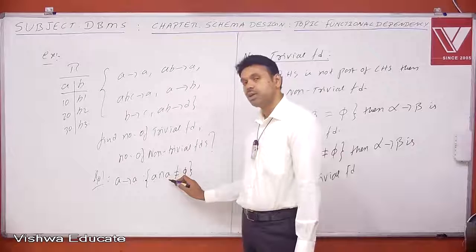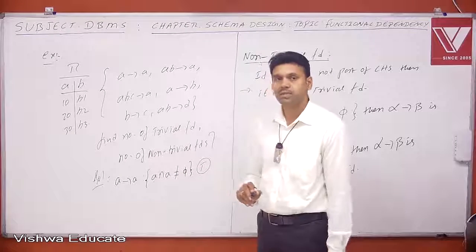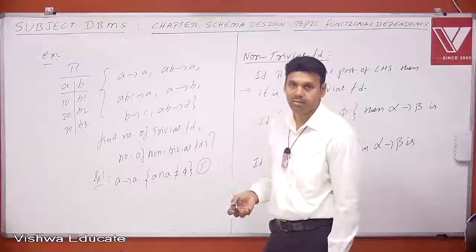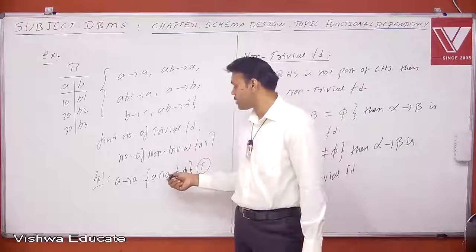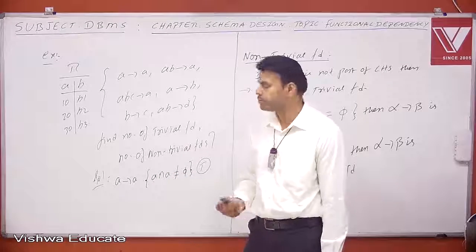Because what is common? A, which is not equal to phi, hence I can write this is a trivial dependency. Otherwise, RHS is a part of LHS, hence it also comes under trivial.